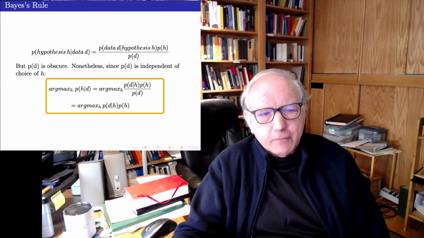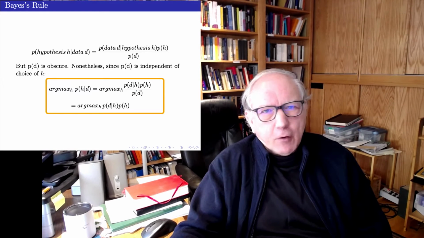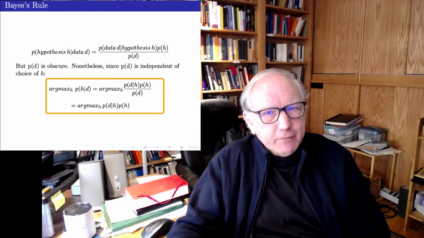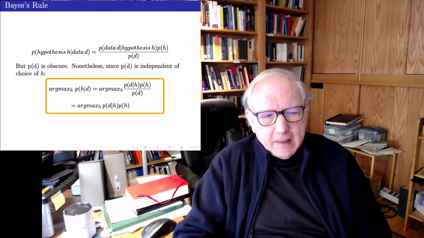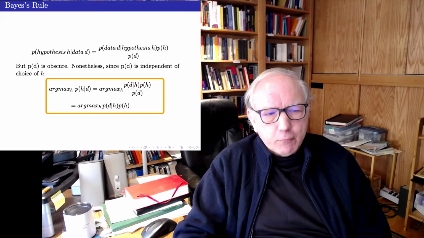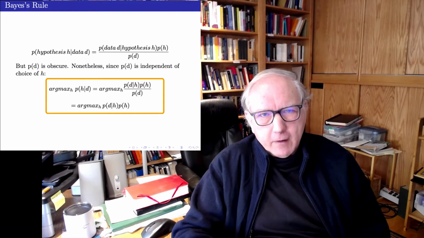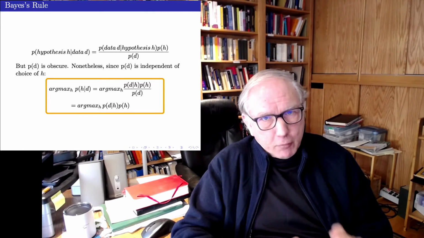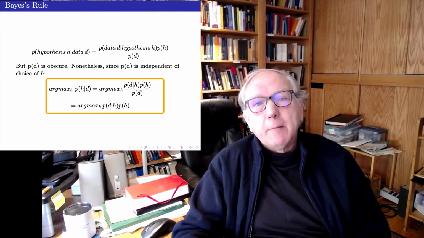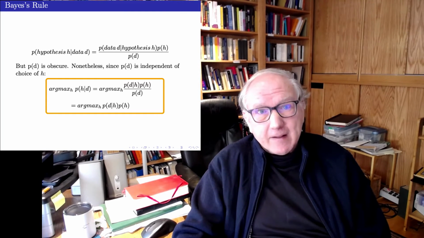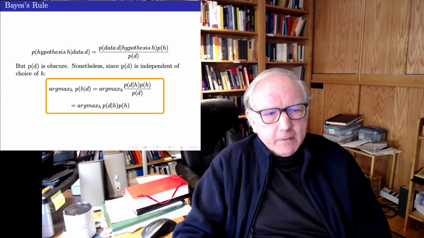It's fixed for all the different hypotheses, and so it's only going to change the absolute value. It's not going to change the relative values. And therefore, we can just say it's the argmax over the product of the probability of the data given the hypothesis times the probability of the hypothesis. And that's a good step, and it's a big step. Okay, we proceed.